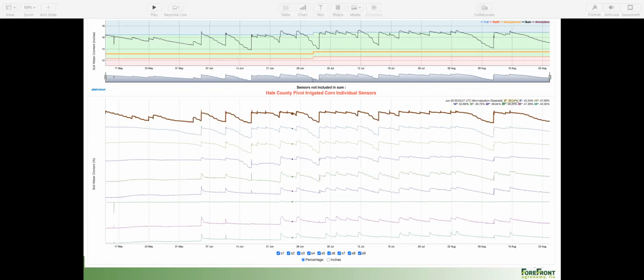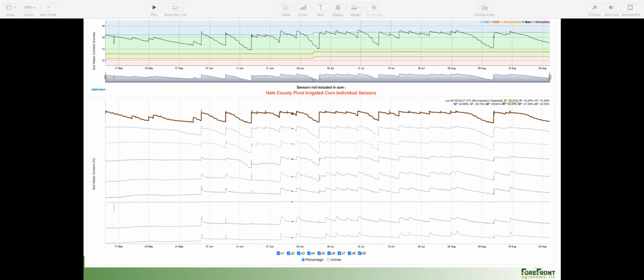But we want to make sure that we're only getting water down to where we need it, and that's where the roots are at. We do get some roots down deeper into the profile there in August, and we're in the dry down period right now. But just kind of giving you a snapshot of what that looks like.